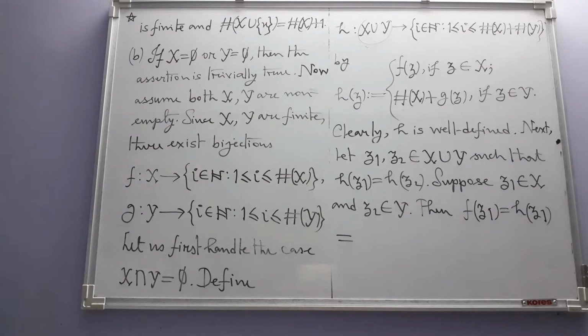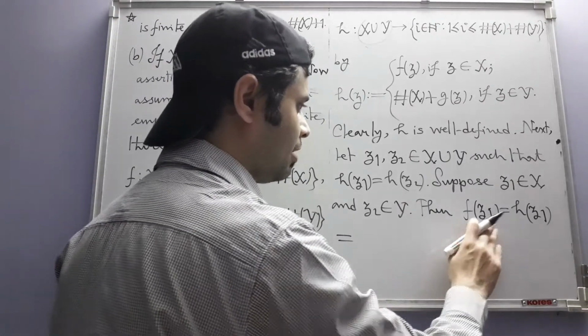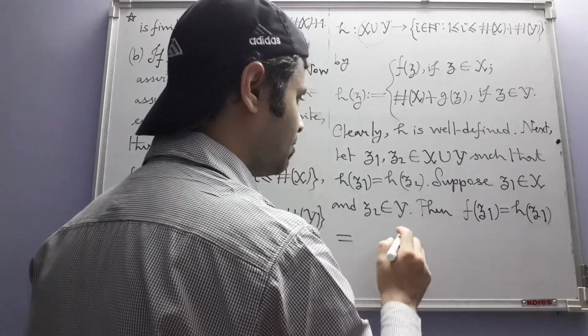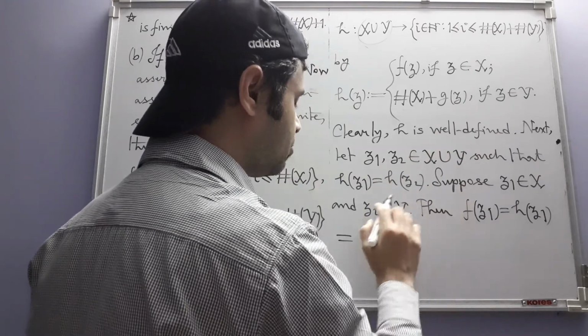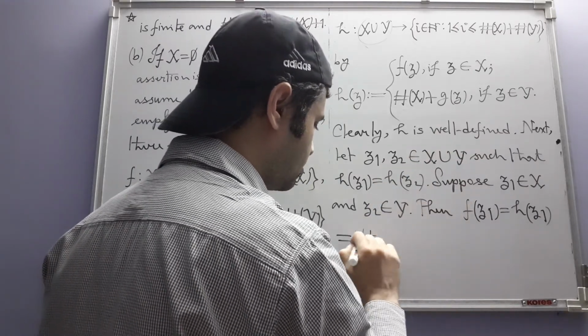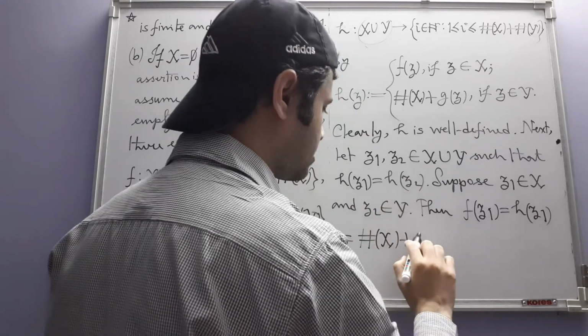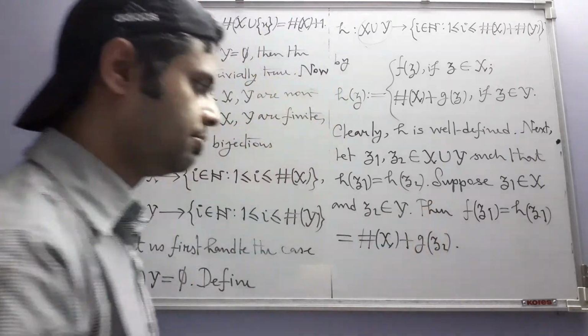So F of Z1 is equal to H of Z1 by definition. However, since Z2 belongs to Y, H of Z2 will be equal to cardinality of X plus G of Z2.